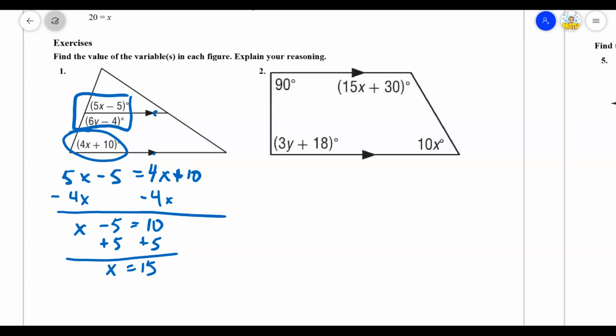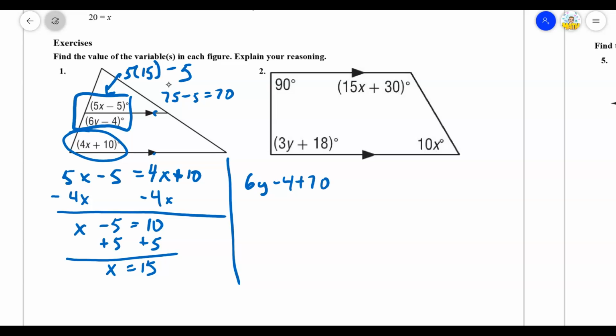So if x is 15, then I can take 5 times 15 minus 5, which is 75 minus 5, or 70. So that angle up top is 70, and then 6y minus 4 plus 70 has to add to 180. So let's solve this for y, and then we'll have our two solutions.